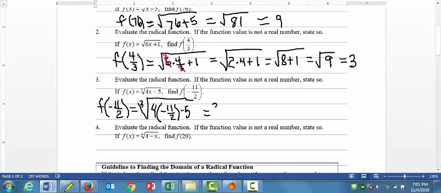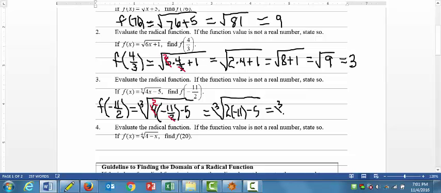And I, again, understand that the cube root, any radical, is a grouping. So I have to complete the operations inside. So 4 goes into 2 twice, and I wind up with 2 times negative 11 minus 5 as my radicand.